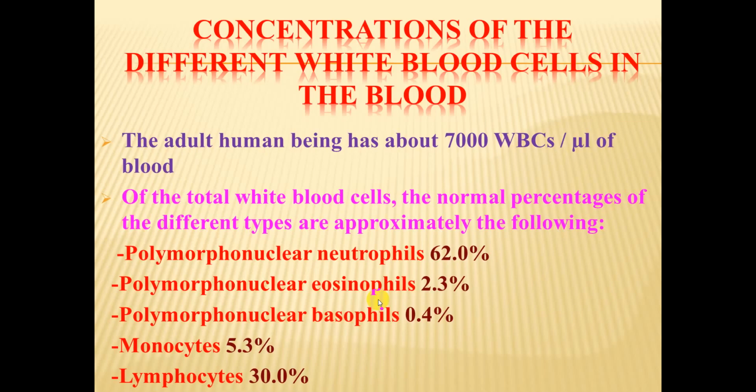Concentrations of each type of white blood cells. Neutrophils about 62% of the total white blood cells. Eosinophil 2.3%. Basophil 0.4%. Monocyte 5.3%.